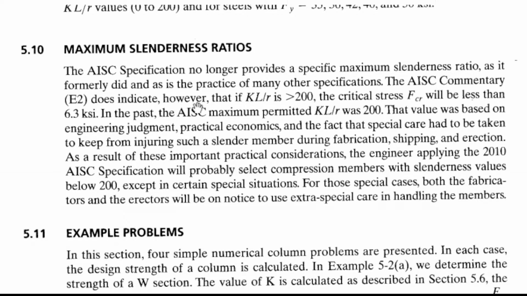The code does indicate that if KL over r is greater than 200, okay, the critical stress will be less than 6.3 ksi. So 200. In the past, the AISC maximum permitted was 200. That value was based on engineering judgment, practical economics, and the fact that special care has to be taken.